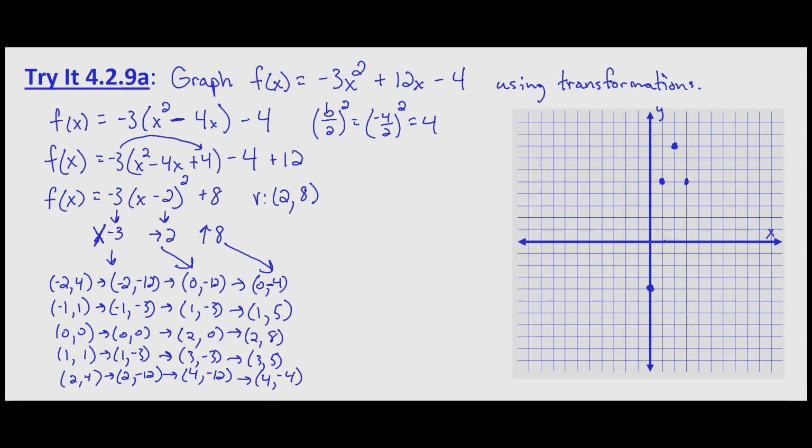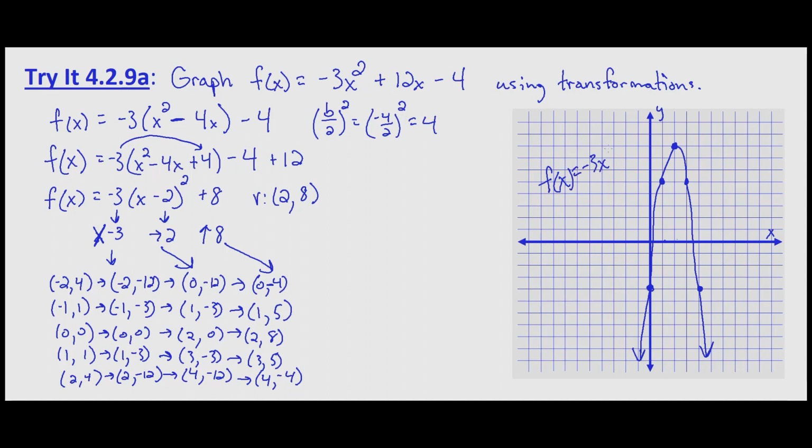Now, after we plot all of these points, as always, it's just a matter of connecting the dots, indicating end behavior with arrows on the end of the curve, indicating that it goes on infinitely in the direction that we're showing on the graph.